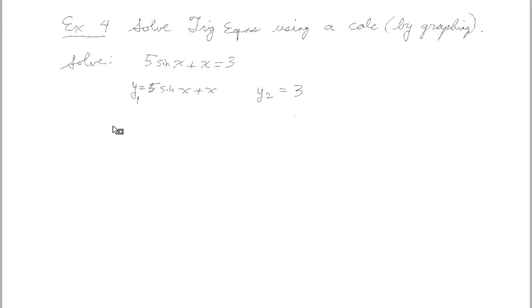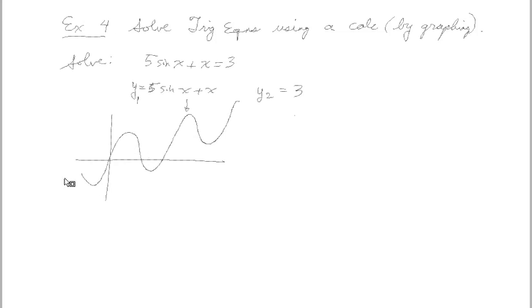Let me just draw a quick sketch here since I don't have a calculator app on this computer. If I were to graph this on my calculator, I would get something that looks like this. That would be the graph of 5 sine of x plus x.